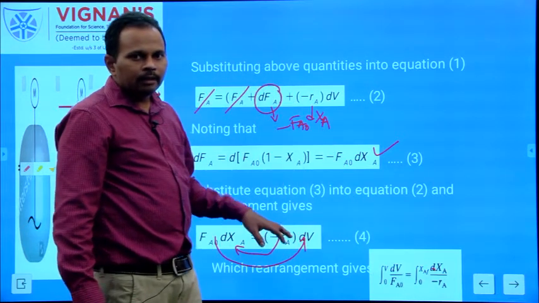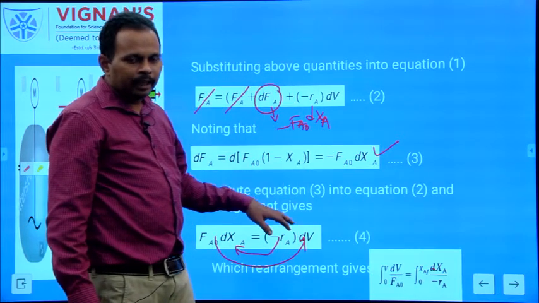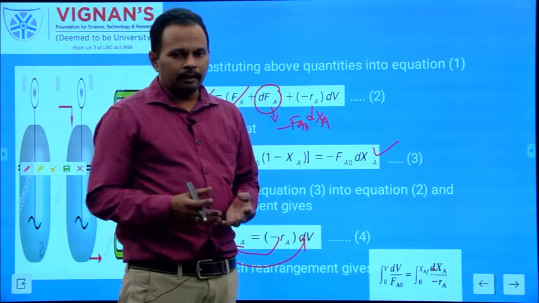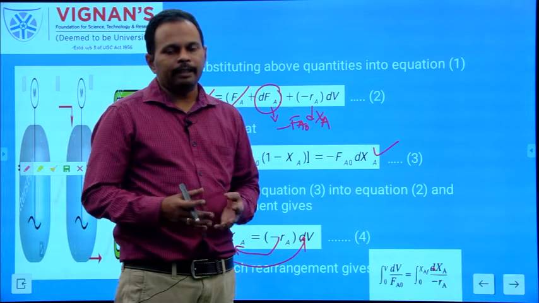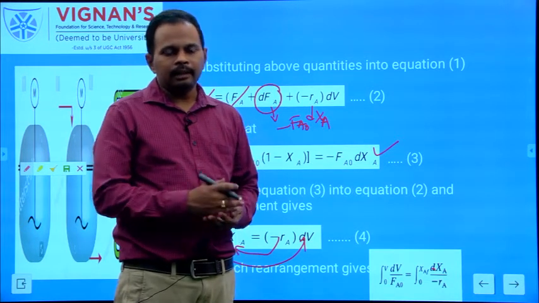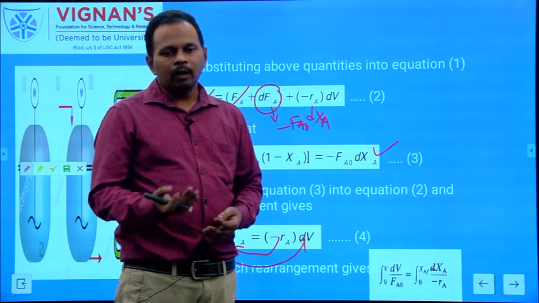This is the final material balance equation for the volume elemental strip dV. If you want to integrate over the whole PFR, integrate this equation from 0 to the final volume V.